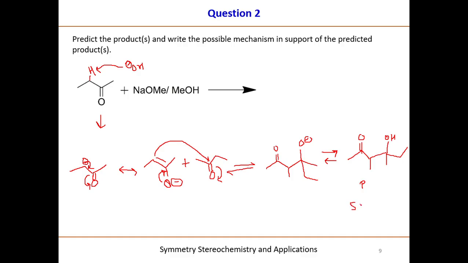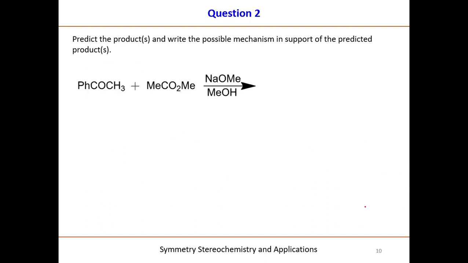Only 50%. Here we are getting only one product, not any cross product. I hope you are clear on this question also.